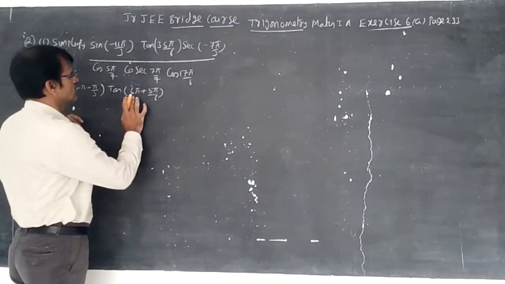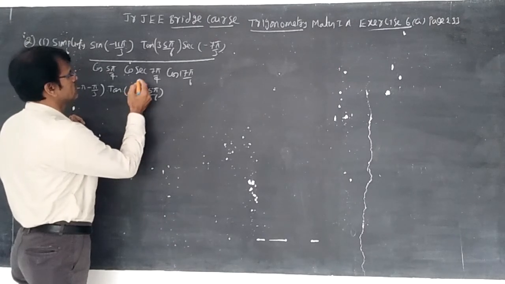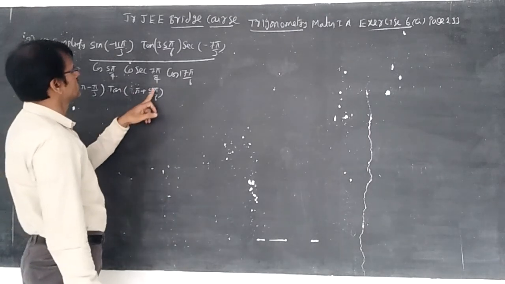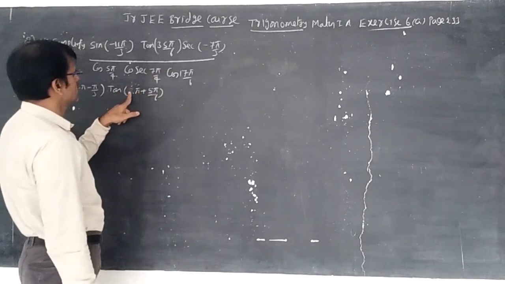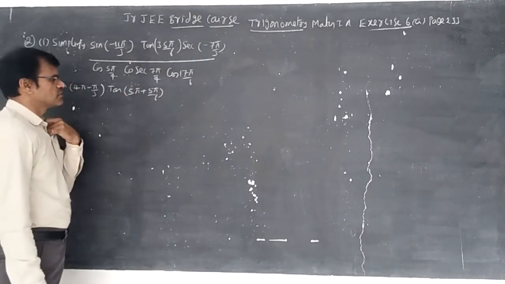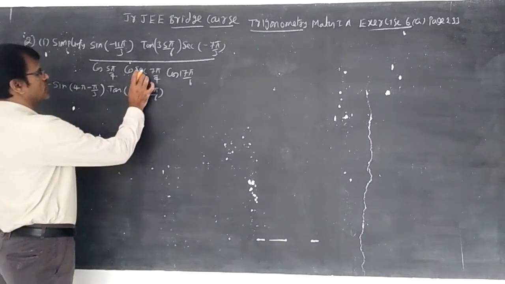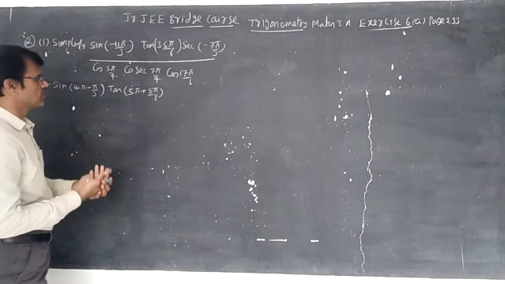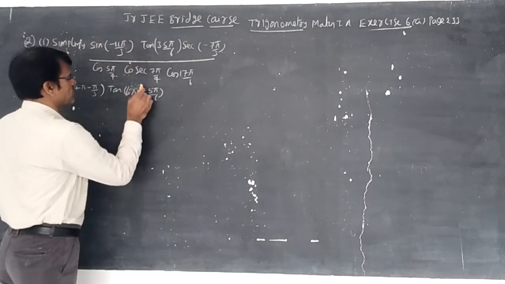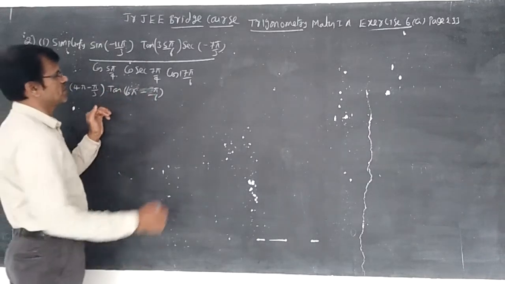So it is 5 pi. We should take a multiple of 6 only. 5 pi means once again we should convert it. 5 by 6. If we take 6 by 6 is 30, it is better. 6 minus 5 by 6, right? 6 sixes are 36 minus 1, 35, it is right.